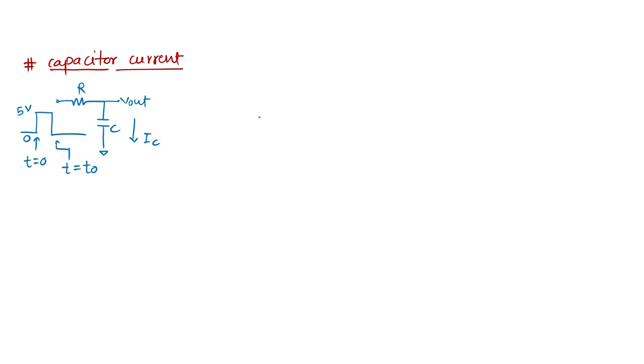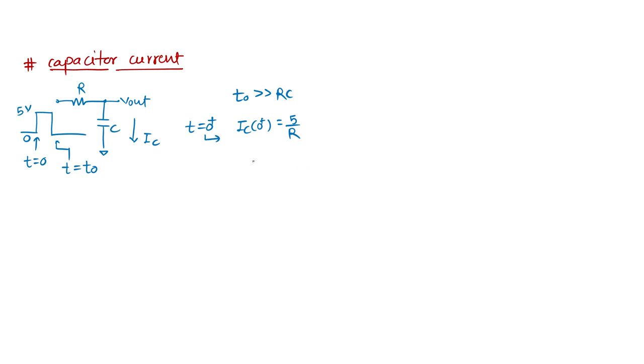Let's say the case where t naught is much greater than RC, and what will happen? My current will start and it will reach 0. What I mean to say, IC at 0 positive is simply 5 by RC. I am talking about the time instant around 0 positive.